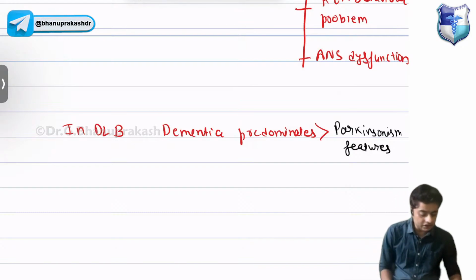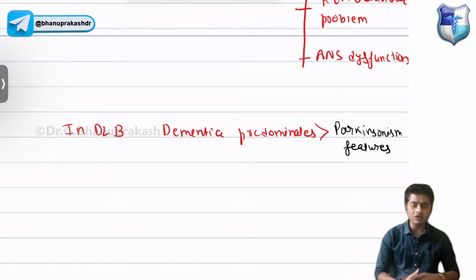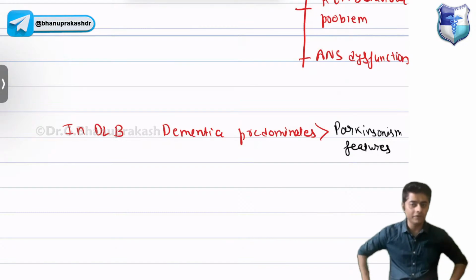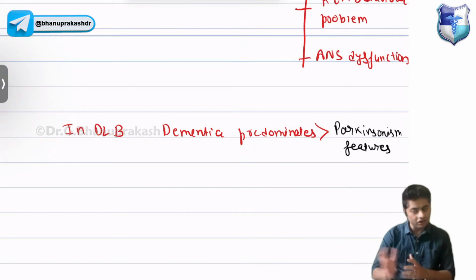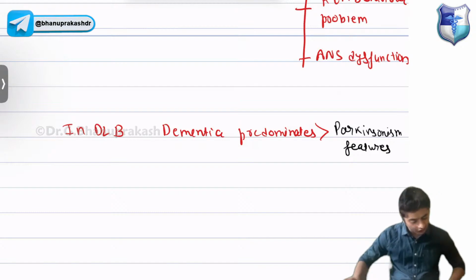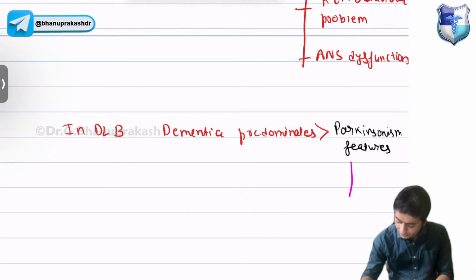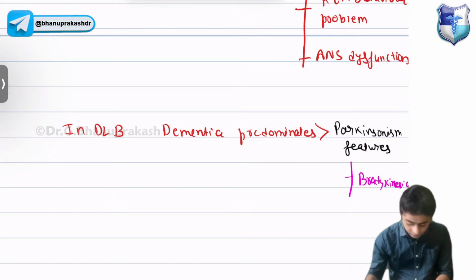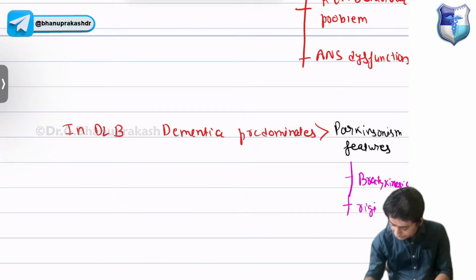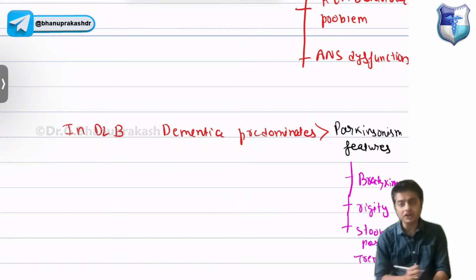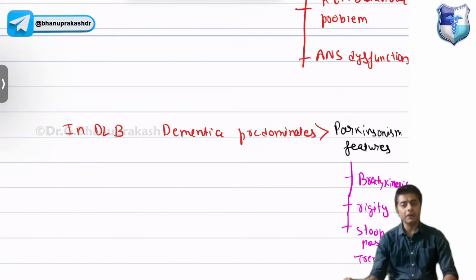So, Srini, we will discuss this REM behavior sleep problem in our sleep disorder lecture, because if we discuss it now, then the class will be very long. Yes, cogwheel rigidity, bradykinesia, stoop posture, and tremors. These all features we get in Parkinson.